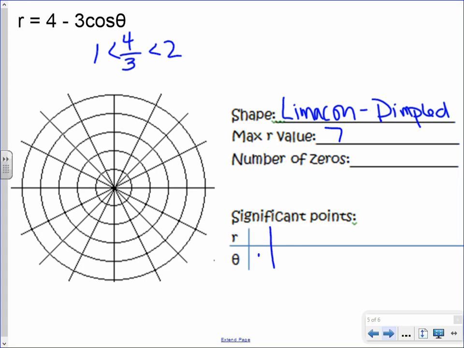All right. Please plug in on your own the 5 significant points: 0, pi over 2, pi, 3 pi over 2, and 2 pi.